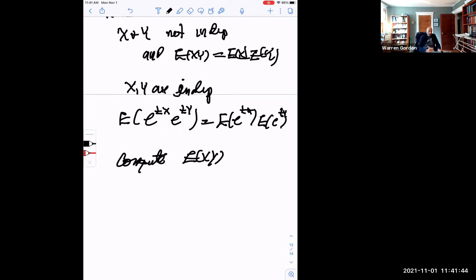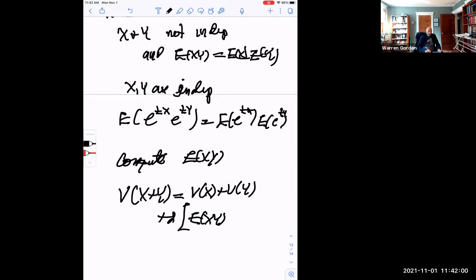You might recall that when we looked at V of X plus Y, we found that this was equal to V of X plus V of Y plus 2 times E of XY minus E of X times E of Y. And I might have mentioned that this is called the covariance, which we'll talk about soon enough. But in computing this, we need to know how to compute E of XY.